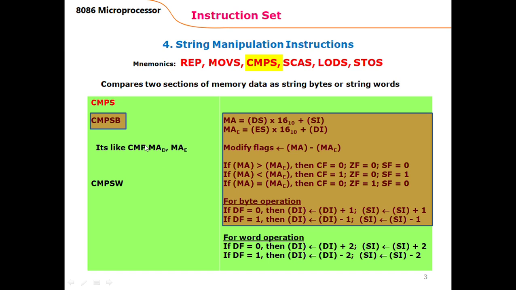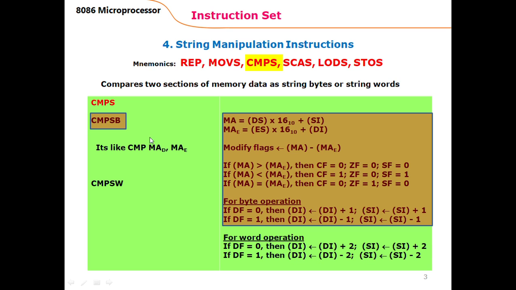And as this is byte comparison, each time a string instruction is executed, the index registers need to be updated. So if the direction flag is 0, that would mean the auto increment mode has been set.